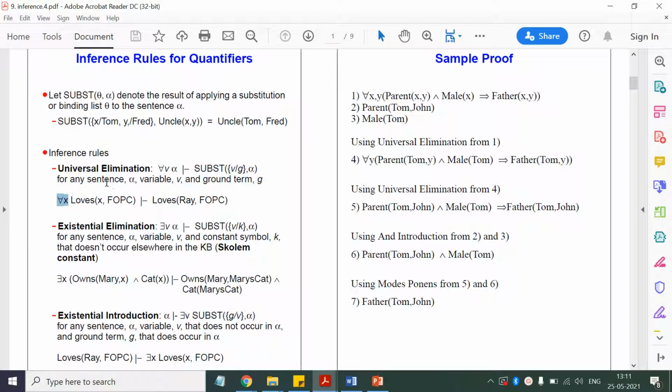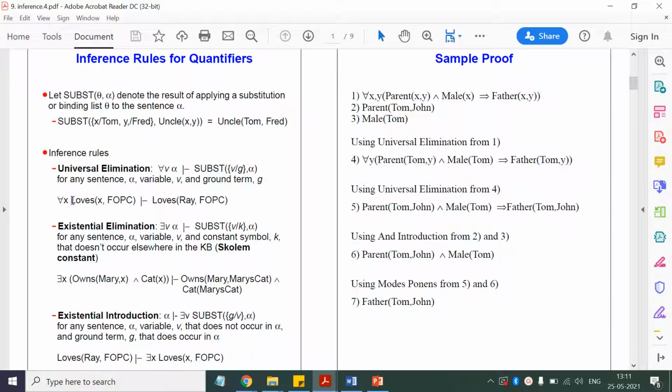So how it works: consider this is our given sentence. It says for all x, Loves(x, FOPC). FOPC stands for first order predicate calculus. It says that everybody loves first order predicate calculus.